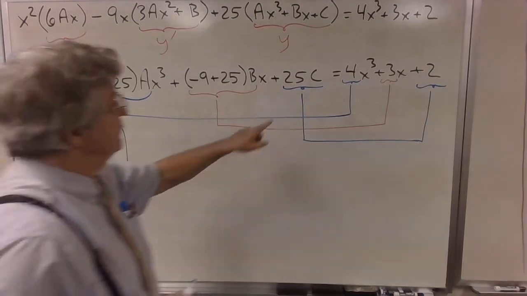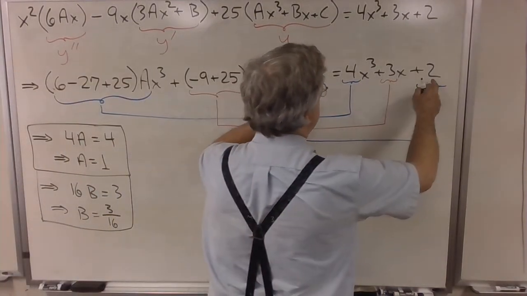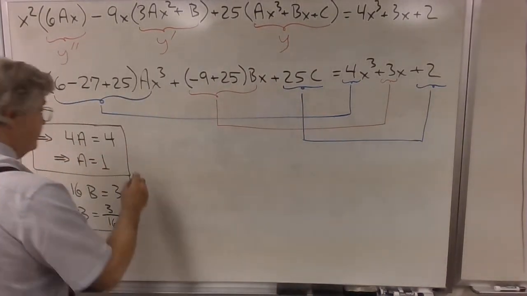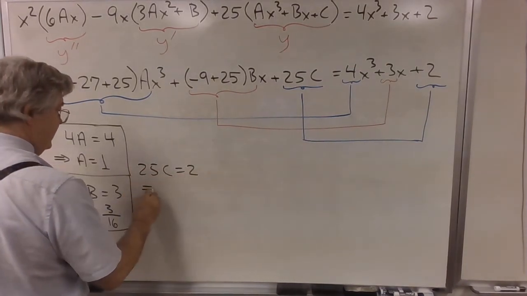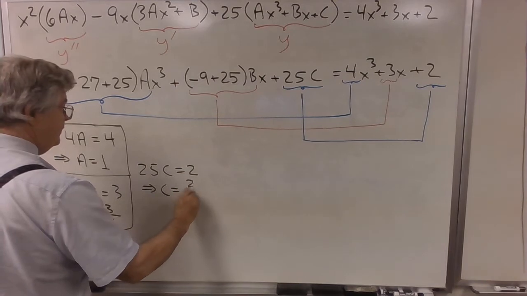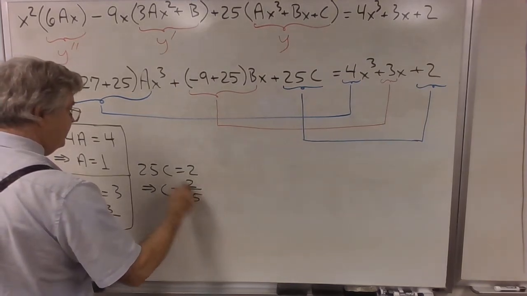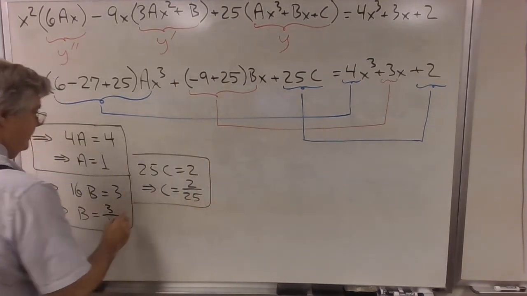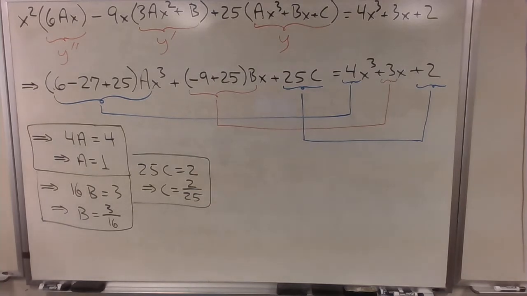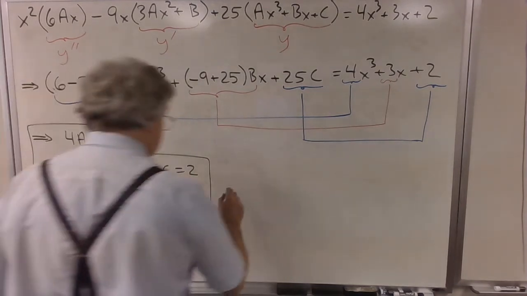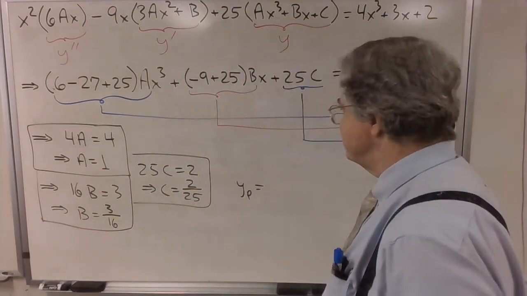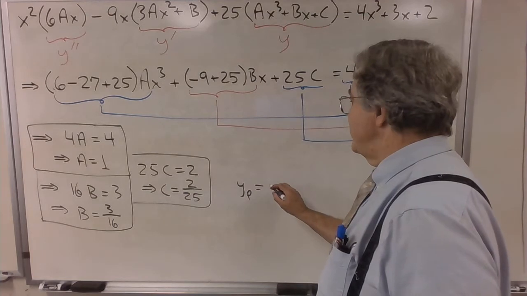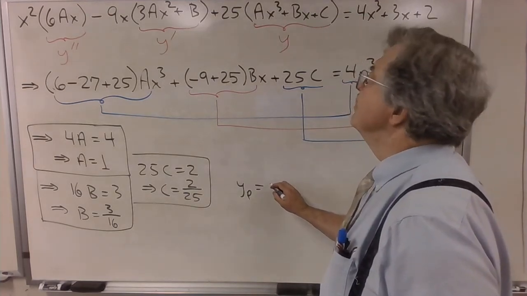And let's see, the constant coefficients, 25c equals 2. So that means c equals 2/25. And our particular solution, let's see, what was it?